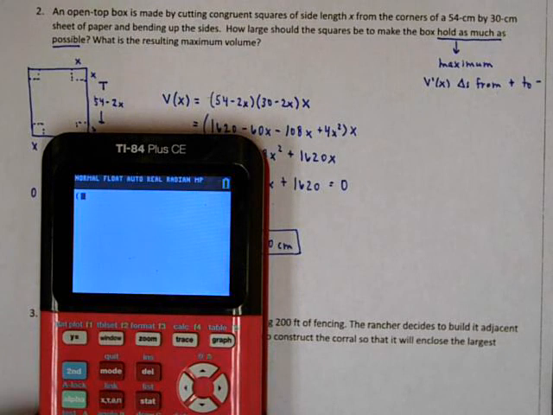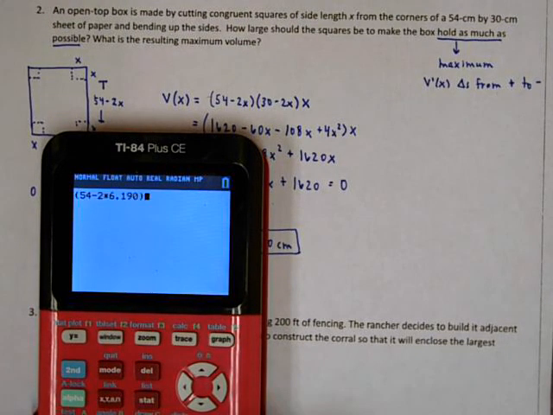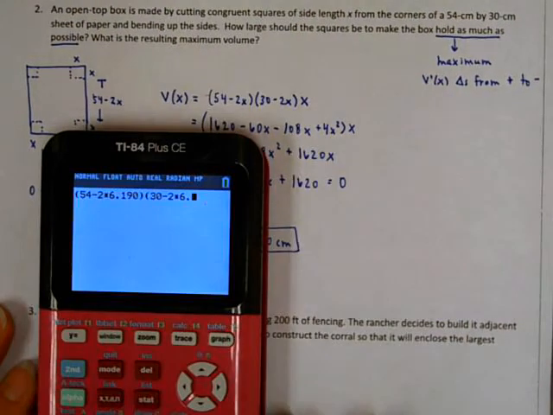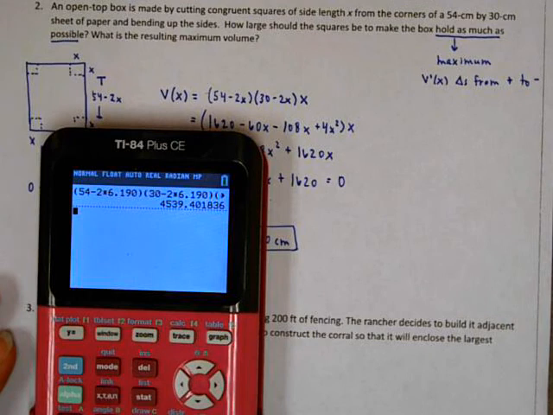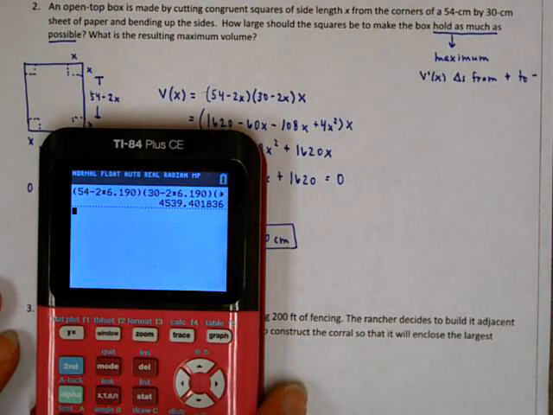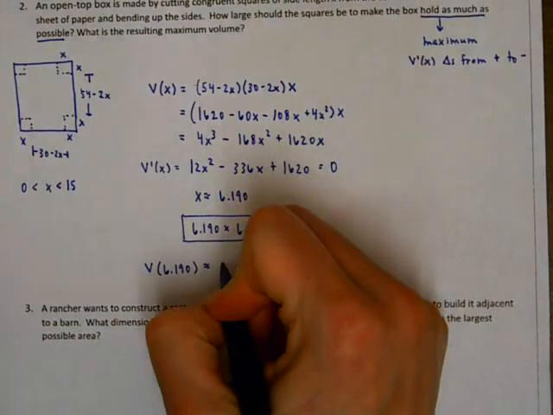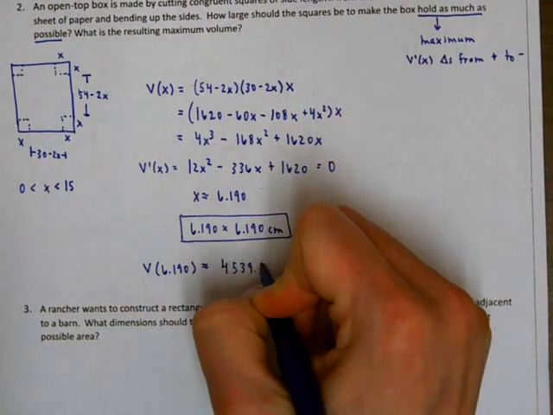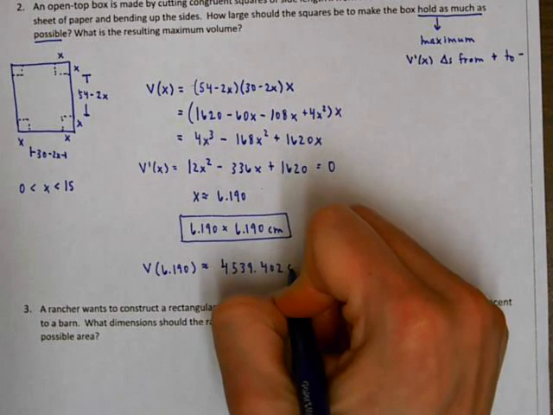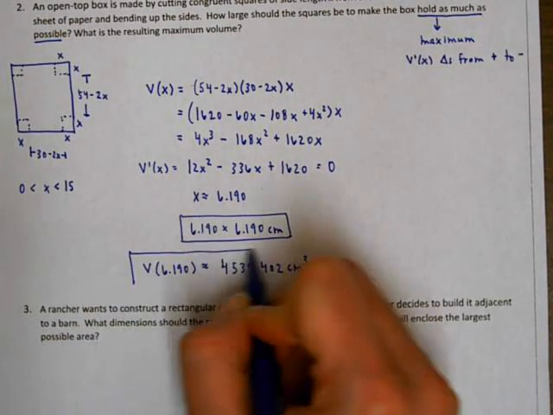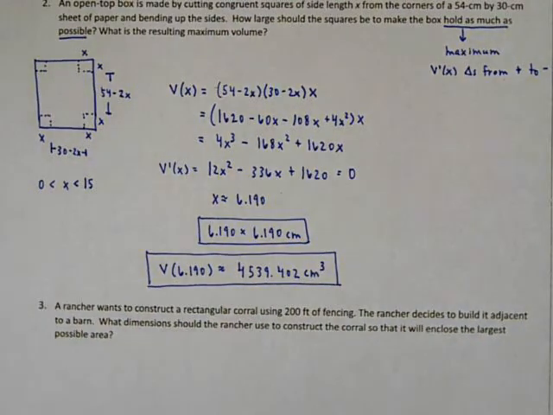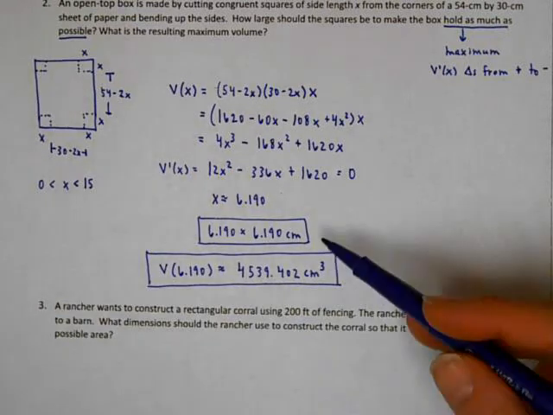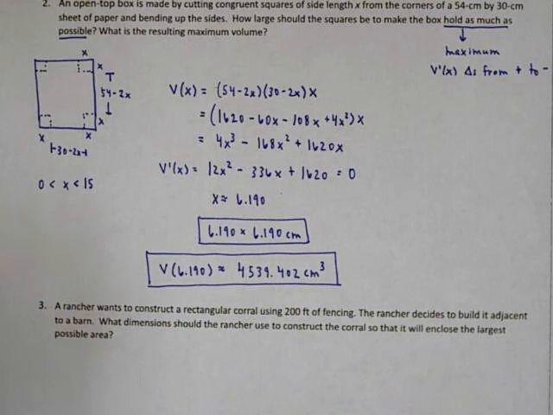I've got 54 minus 2 times 6.190 times 30 minus 2 times 6.190, times x, which is 6.190, and we get 4,539.402. Since it's volume, I have cubic units, so centimeters cubed. Again, a nice way of using the calculator to check your answer there, or to actually find your answer there.